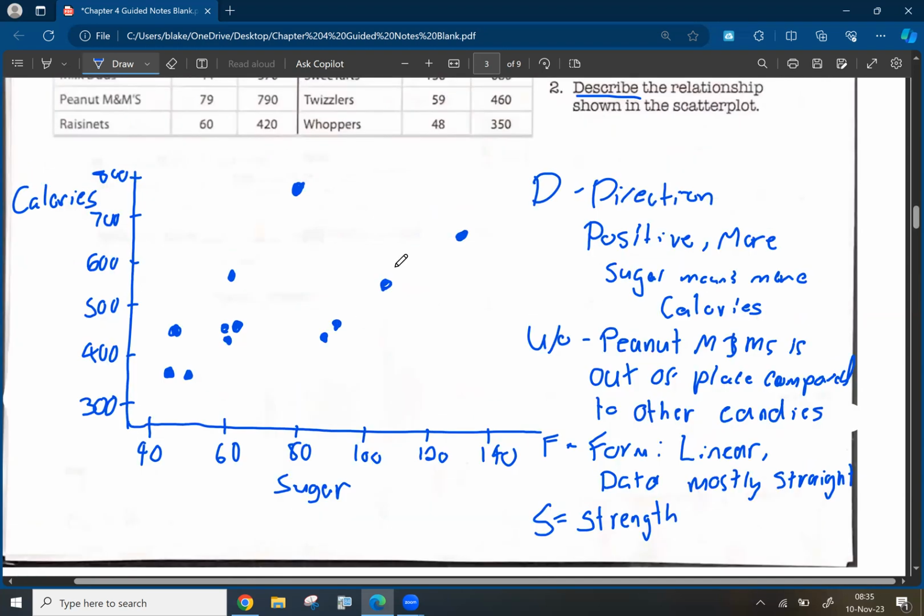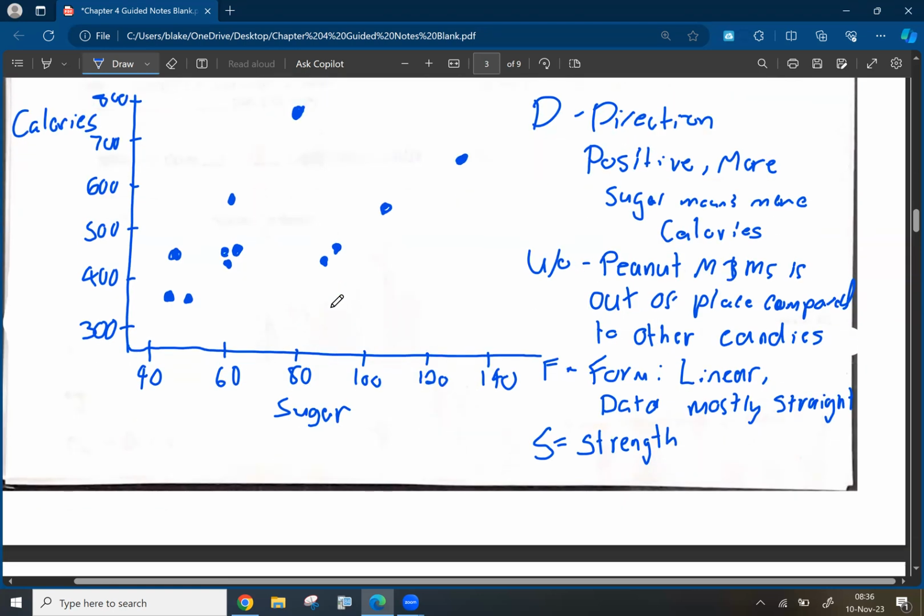So these are fairly spread out. You can tell they're definitely not in a row, but I can generally still tell the direction that they're in. So I would argue that this is more of a moderate, positive correlation. But strength, I would say, is moderate. It's kind of weak, but it's not too weak. So I would say moderate strength.